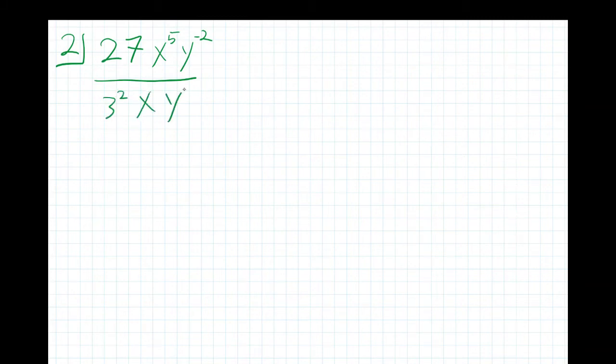So problem number 2, we have 27 x to the fifth, y to the negative second, all over 3 squared times x, y to the fourth.